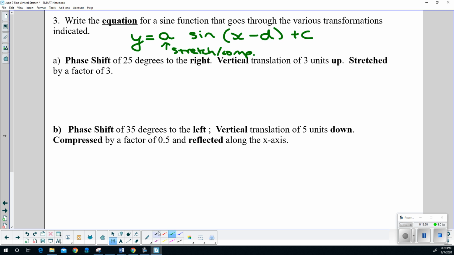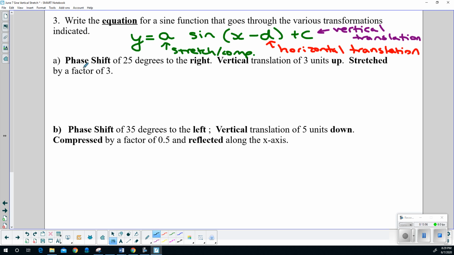Our d value, well, that's our horizontal translation. So that's where we go left or right. And our c value, that's the one that moves us up and down. So that is our vertical translation. Good.